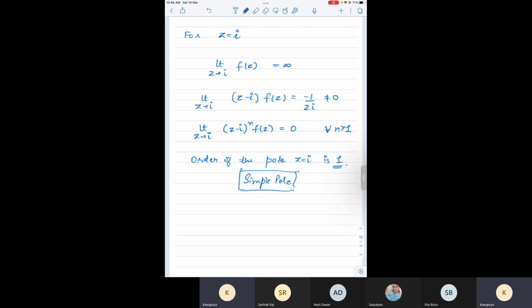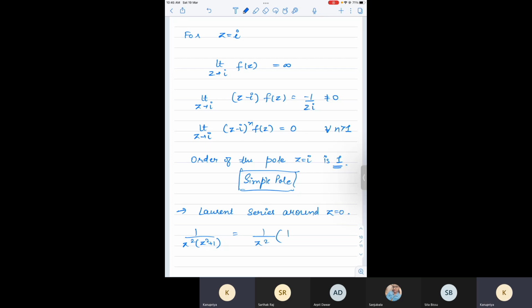So how can we write the Laurent series? This is the given function, right?